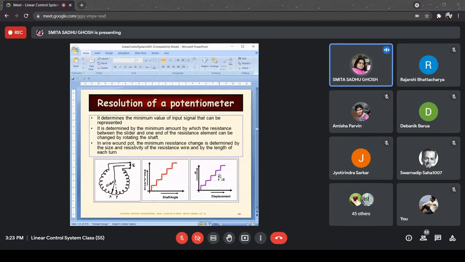These steps, the purple characteristic over here, are the actual characteristic, whereas the dotted characteristic is the ideal one. If there was smooth variation in the output voltage as a result of changing the slider position, we would have got the dotted characteristic, but not in the actual case. We cannot get it, in wire wound potentiometers at least.